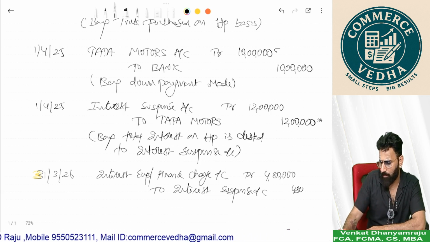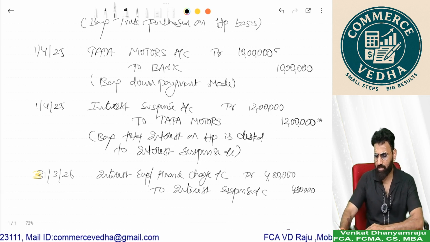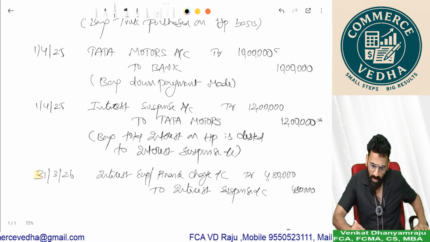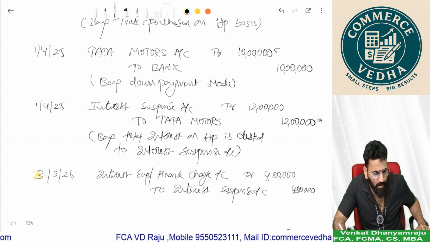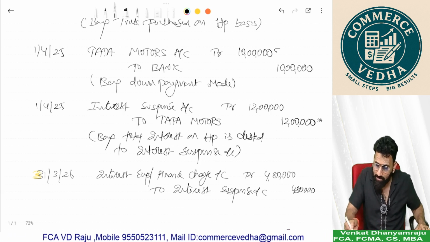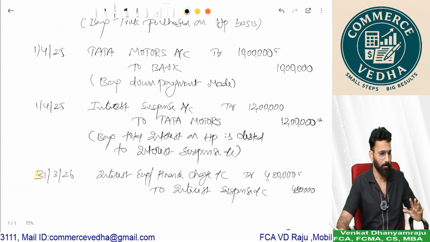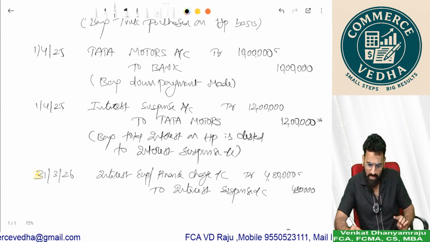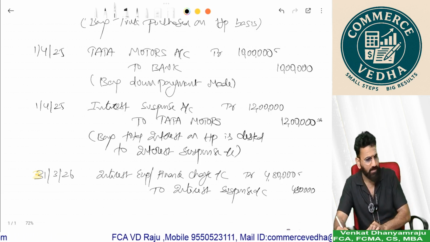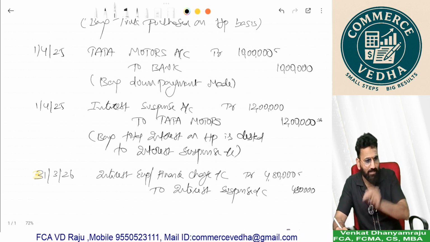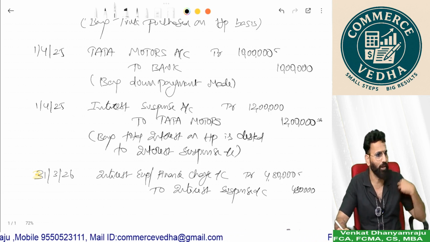In the previous sum, what we did is interest to Tata Motors, but the entire suspense is already credited to Tata Motors. Now I should reverse suspense because it is no more suspense, it is my first year expense. Right? Interest expense to interest suspense.